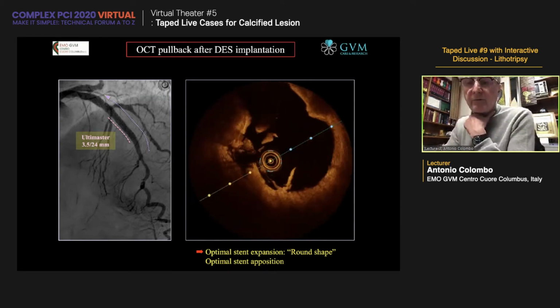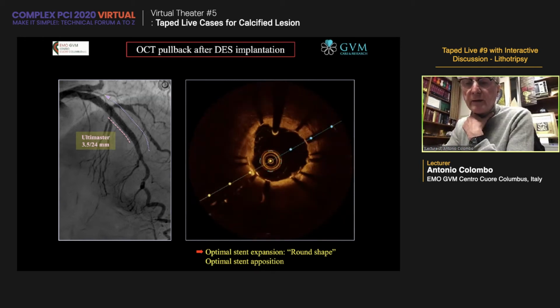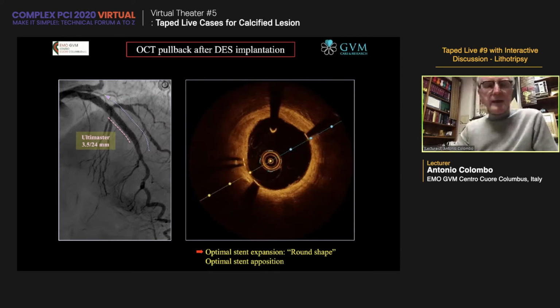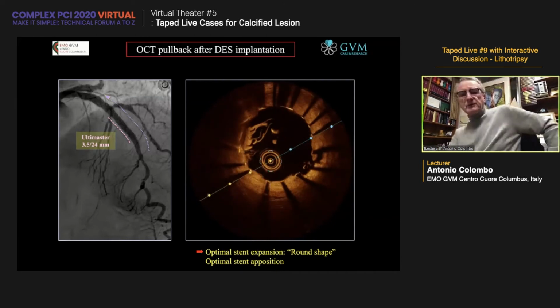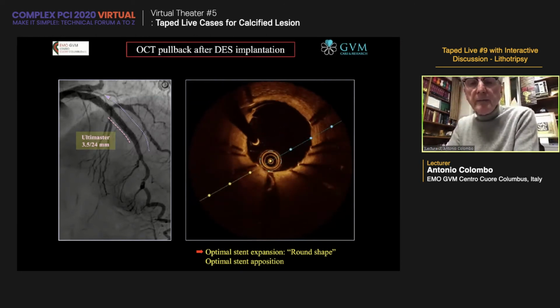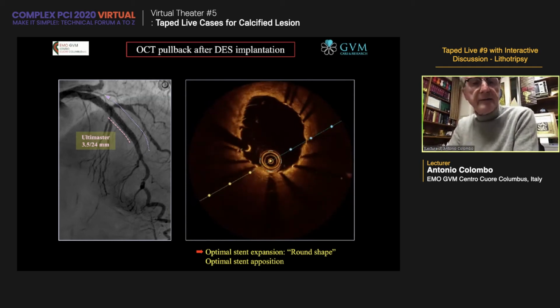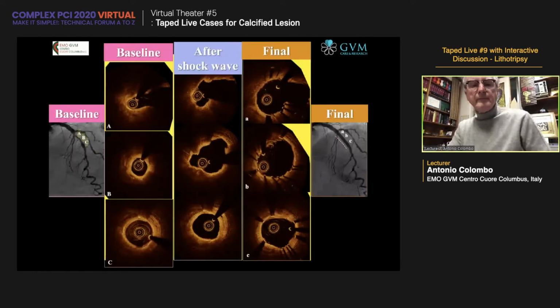We have to demonstrate with follow-up if, with this favorable morphology, you can achieve lower late loss. My impression is that if you have circular morphology, you will minimize late loss, which means minimize restenosis. But this needs to be proven.